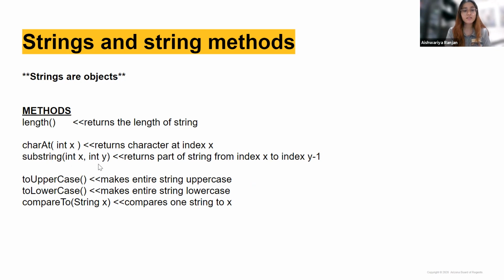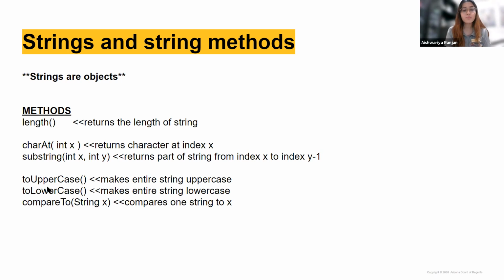Substring(int x, int y): if you use this method, you would start from index x, and then it would give you the substring until y minus 1. So you start at x and you stop at y. We're going to see examples on the next page to make it more clear.